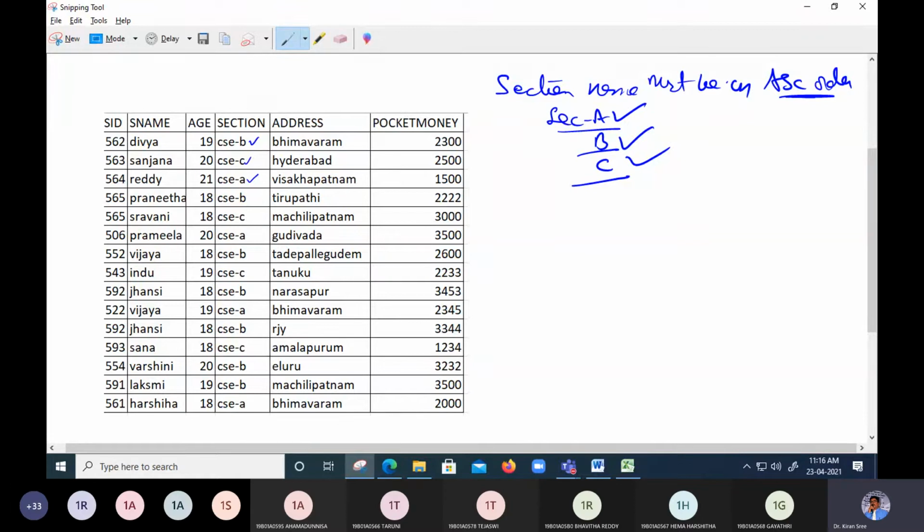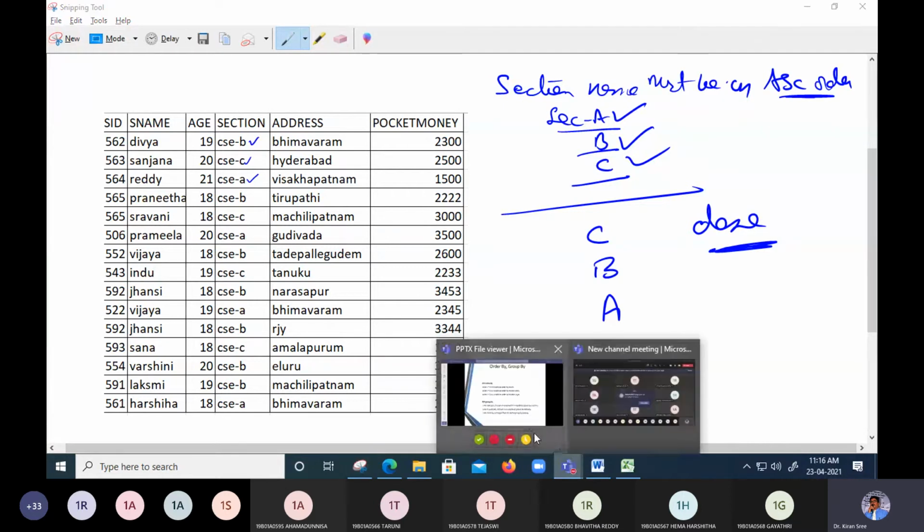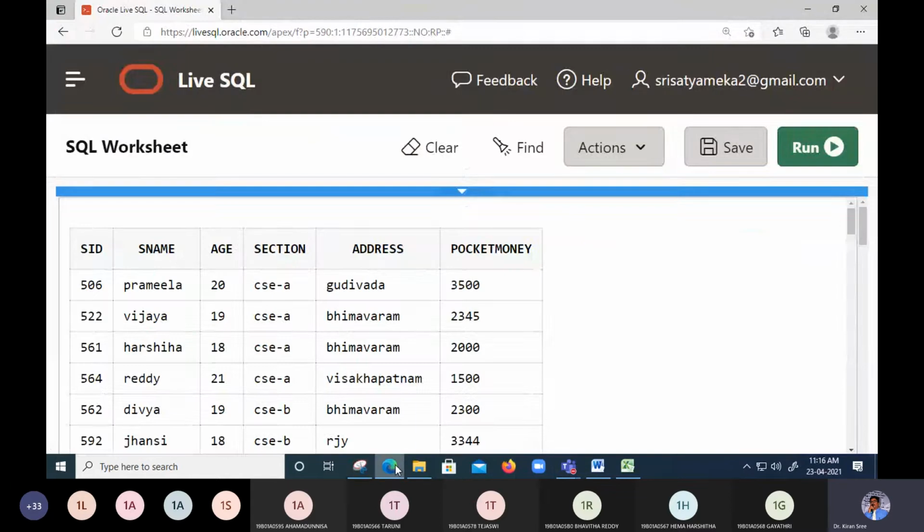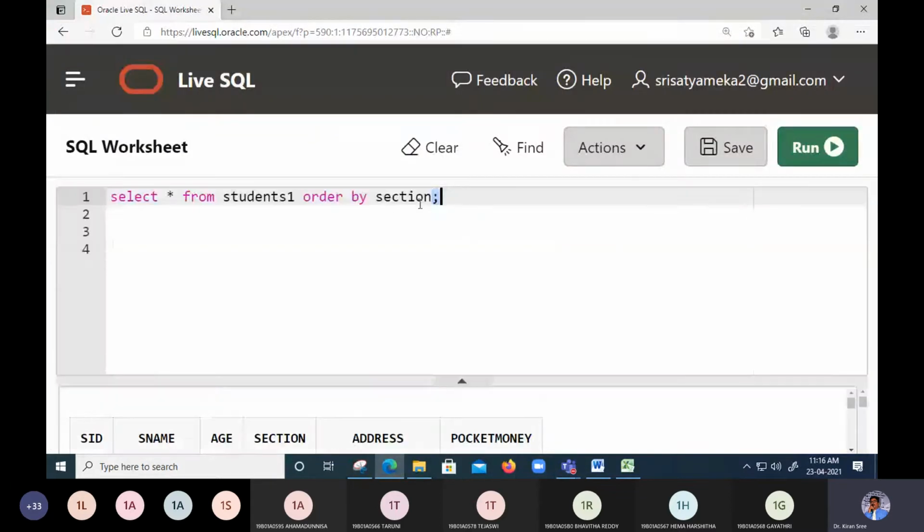Now let us see how I can put C section first. First I want C section, next B section, next A section. That means I want the things in descending order. For that, the command I can use is as follows: select from student order by section DESC.